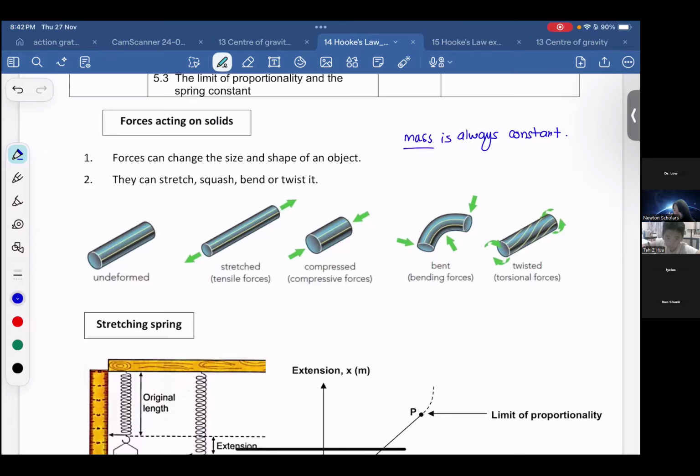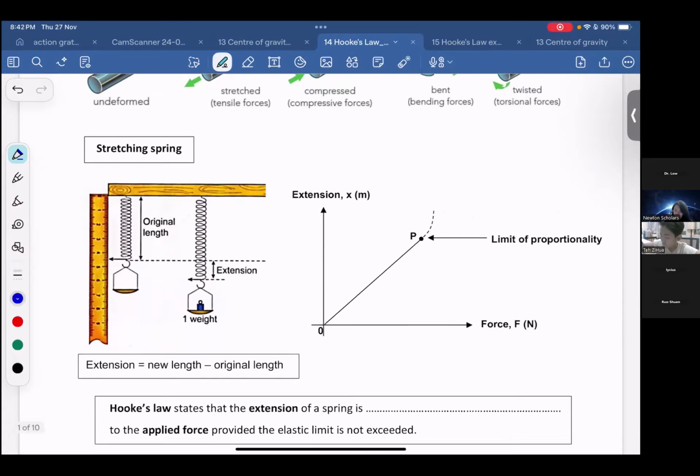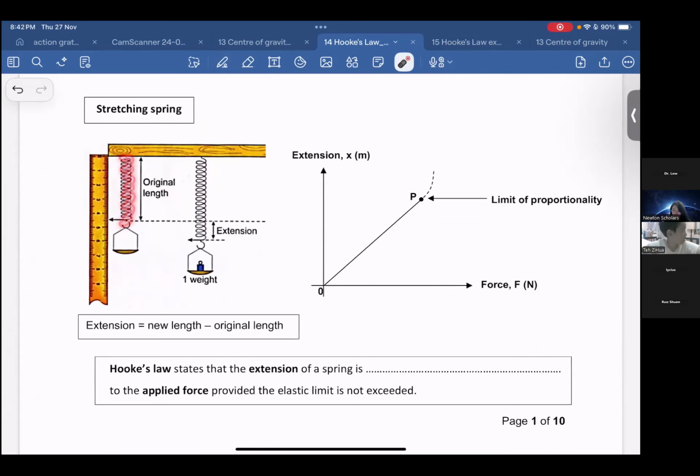Okay, this one. So here, we learn about the spring. Okay, when the spring doesn't take anything, there is no load on it. If there is no load on it, we measure the length. The length we call original length. Maybe I can label the symbol like this, original length. If we start to hang some object as load acting on the spring, of course the spring will extend.